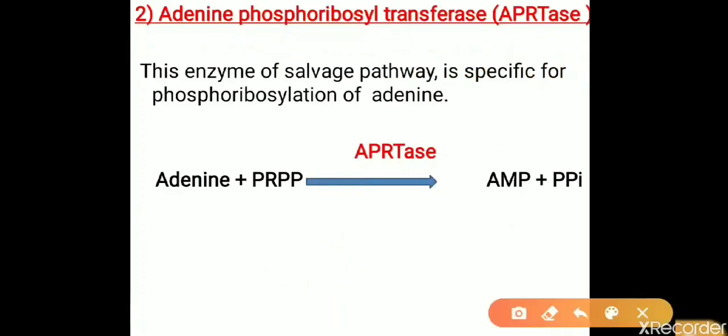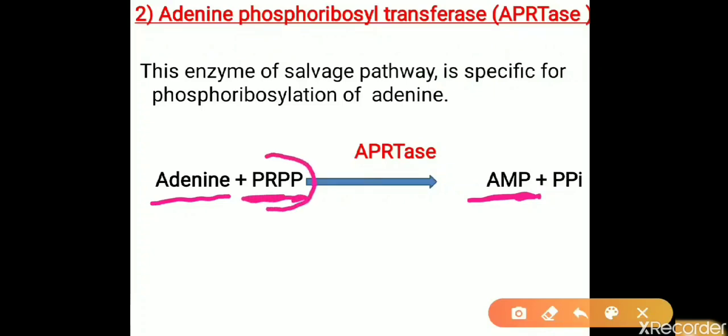And adenine is another purine base. So if this RBC, WBC and brain has adenine as a purine base, this tissue can produce their corresponding purine nucleotide, that is adenosine monophosphate. Here also this tissue needs ribose 5-phosphate, and this ribose 5-phosphate is contributed by PRPP.